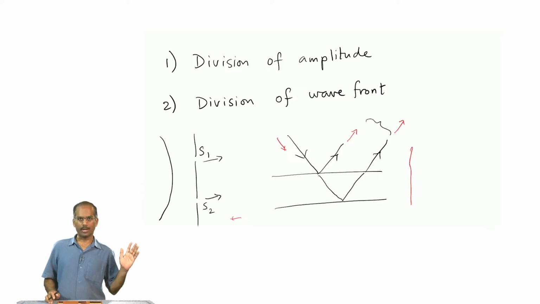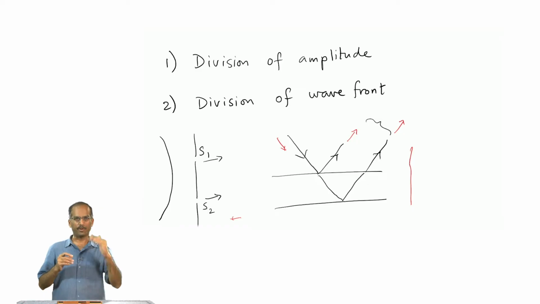One wavefront comes and hits, let us say, some screen, and there are two slits. Now you are able to produce from one wavefront two waves, one that comes out of slit S1 and the other that comes out of slit S2, and these in principle can again interfere and produce interference fringes.